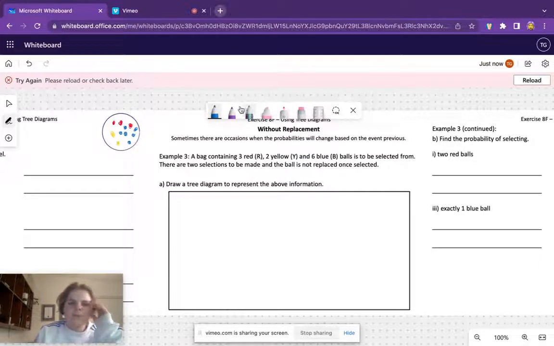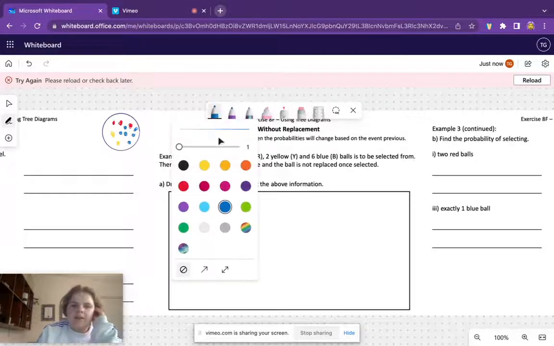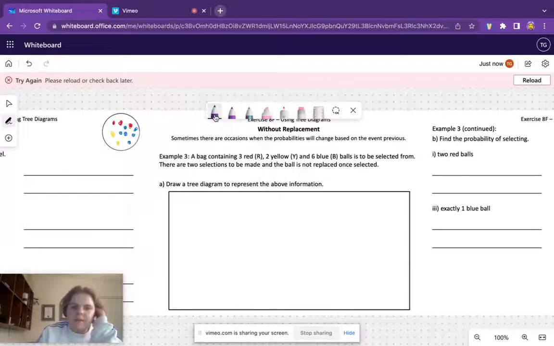All right. So we want to use a tree diagram to represent this information. We are going to make 2 selections. We're going to have our first pick and our second pick.